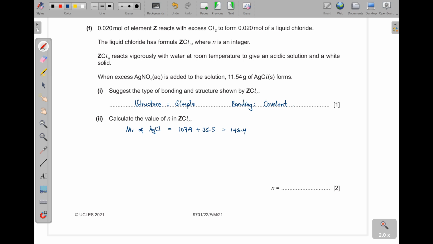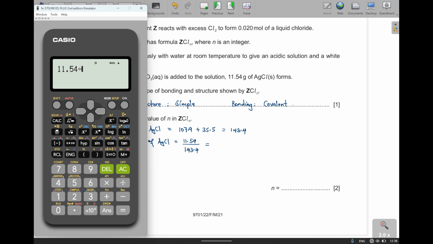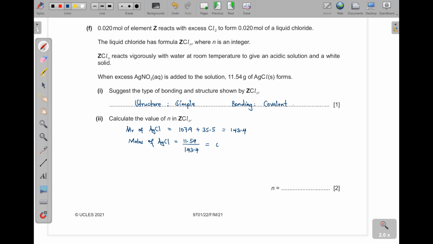Then moles of silver chloride. We shall get this 11.54, then we divide by the relative molecular mass here. This will give us 11.54 divided by 143.4. That one is giving us 0.08047.